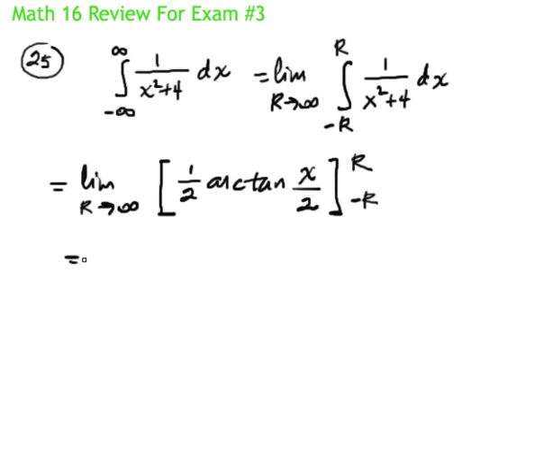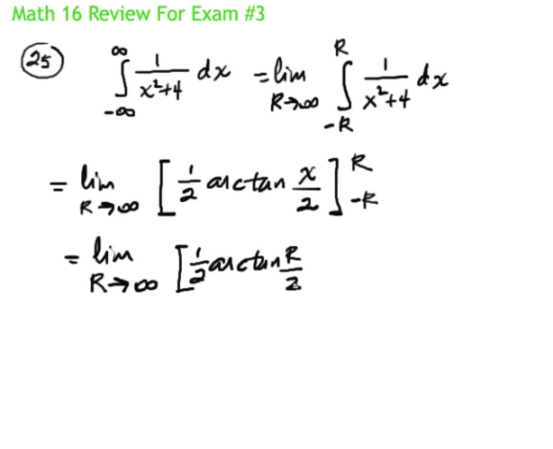And now let's just go ahead and substitute. So we have arctan r over 2 minus 1/2 arctan minus r over 2. And we're sending r to infinity. So as r goes to infinity, arctan is approaching pi over 2.